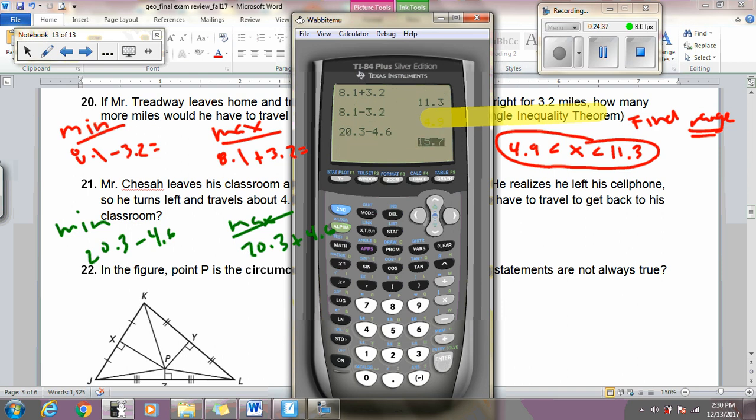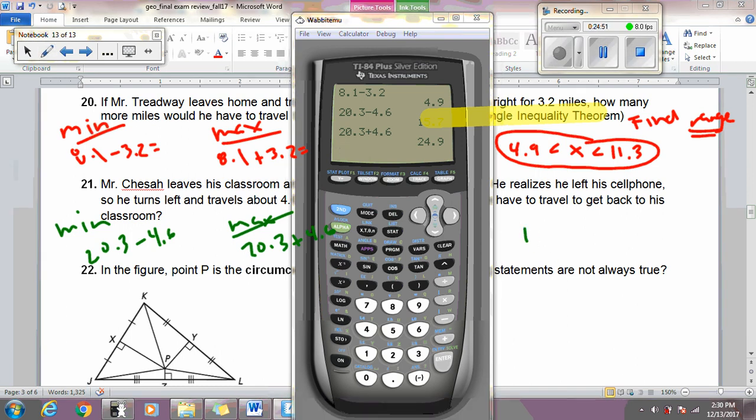Let's copy it down. Change it quickly to a plus. So 15.7 less than x less than 24.9. And we're going to pause right here for another brief session.